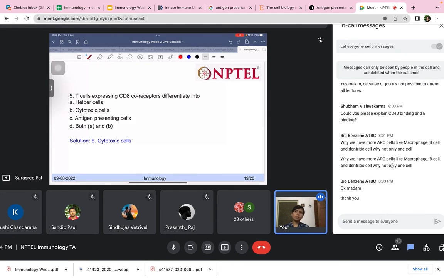So not only is the TCR MHC interaction with the co-receptor CD4 important, but also the co-stimulation by the CD28 B7 interaction, as well as the binding of the CD40 ligand on the TH cell, the T helper cell, to the CD40 receptor on the B cell, is essential for this activation. Only when these interactions are complete can the B cell activation take place.